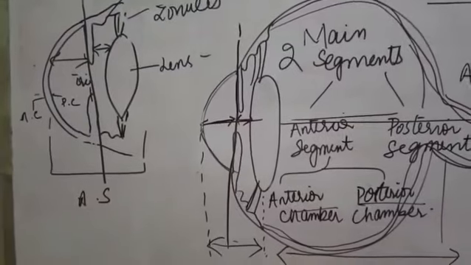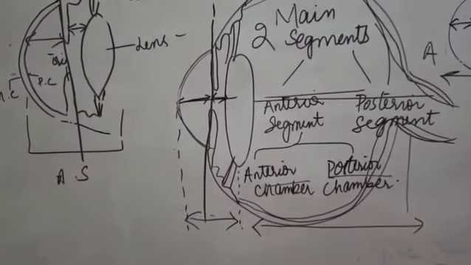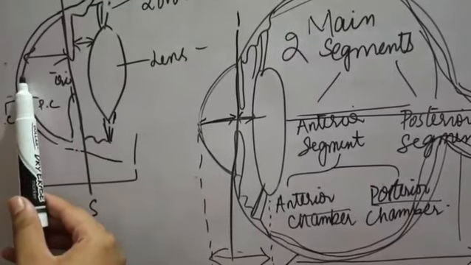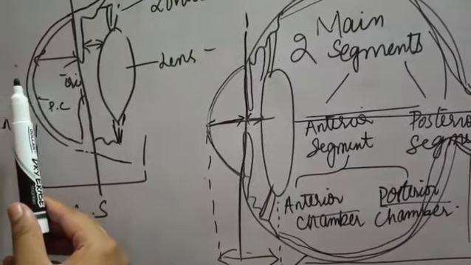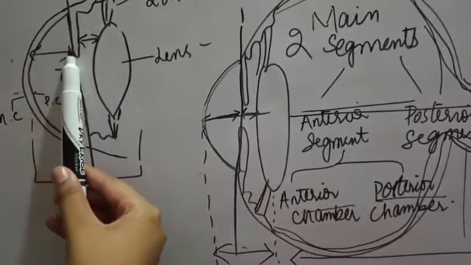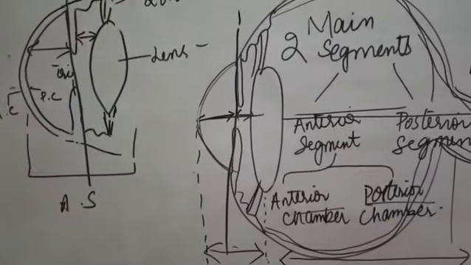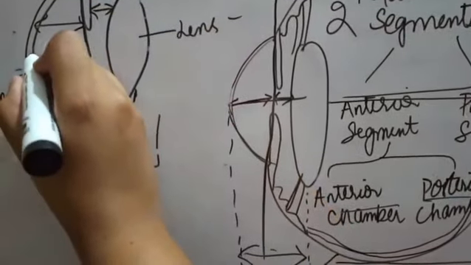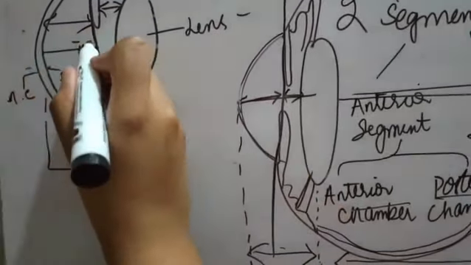So now how do we define the anterior chamber? The anterior chamber is the space between the posterior surface of the cornea and the anterior surface of the iris, right?